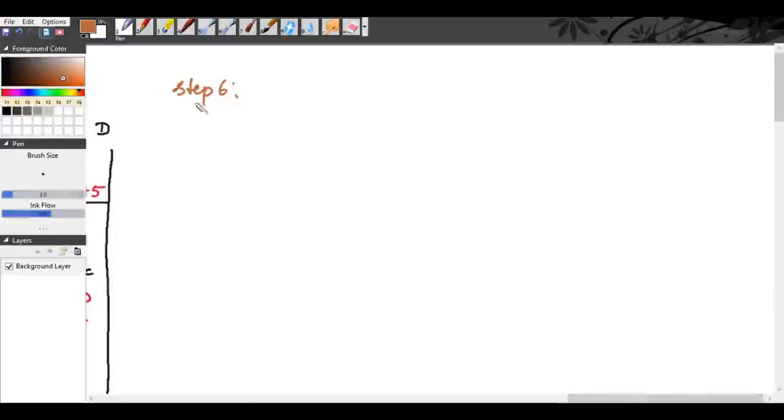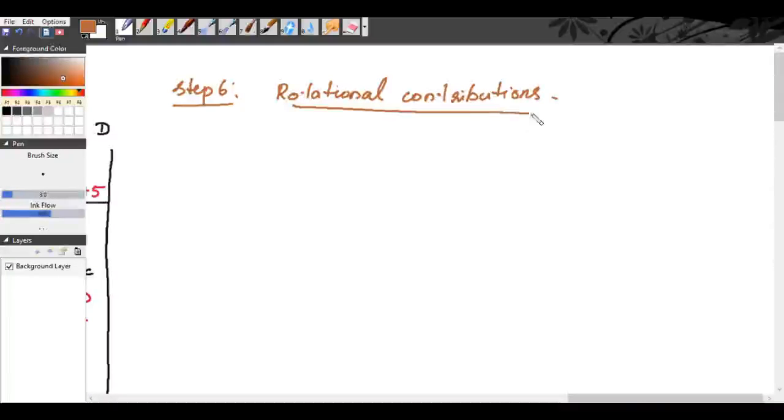So step 6, our rotational contributions. Our rotational contributions are MBA, MBC, MCB and MCD.